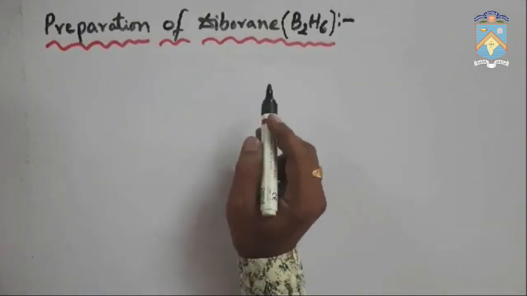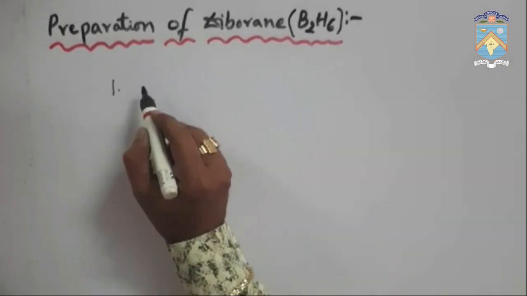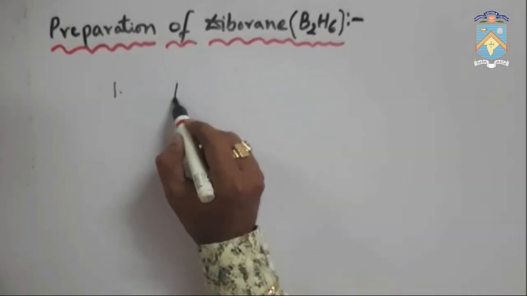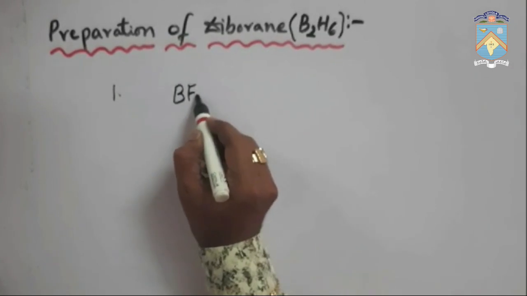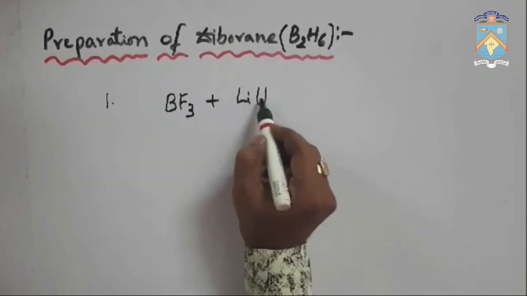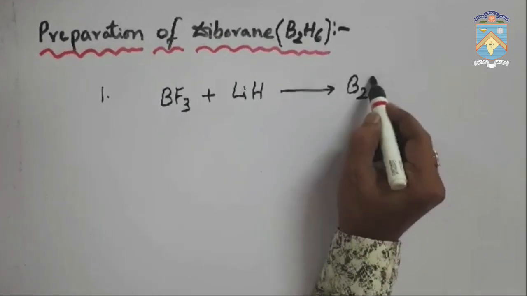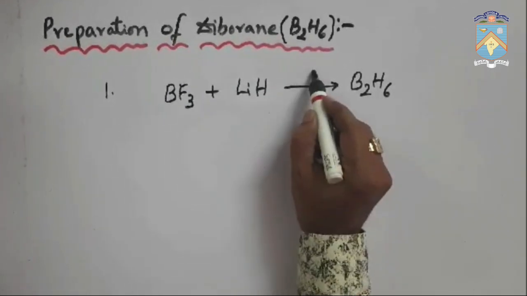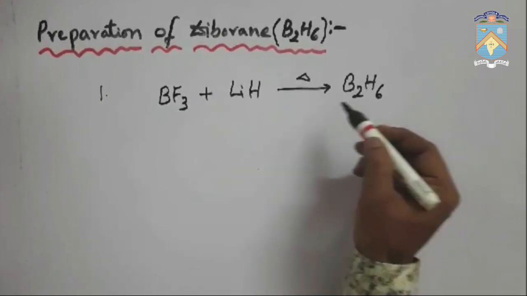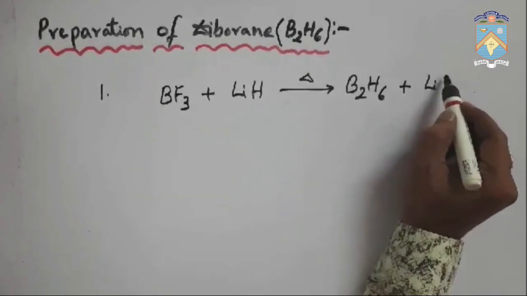Diborane can be prepared by using several methods. One of them is the reduction of boron trifluoride. So boron trifluoride, namely BF3, on reduction with lithium hydride gives diborane at elevated temperatures. We need to perform this reaction at elevated temperatures, and the byproduct here is lithium fluoride.